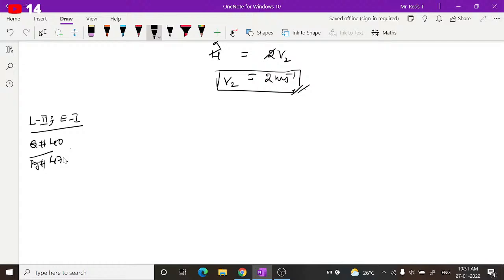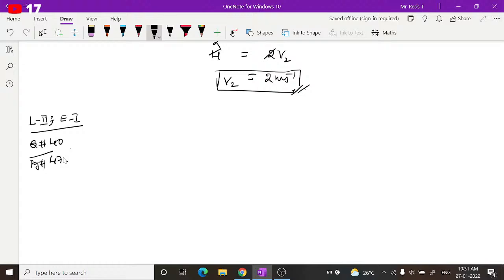In the first collision, the relative velocity of approach, expressed as u1 minus u2, is twice the relative velocity of separation, v2 minus v1. Then what should be the ratio of relative velocity of approach u1 minus u2 and relative velocity of separation v2 minus v1 in the second collision? That is the question.